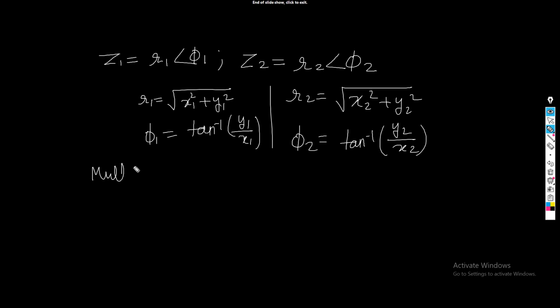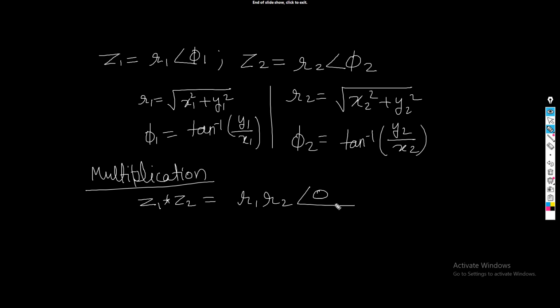Suppose we want to apply multiplication on these two complex numbers, z1 multiplied with z2, then we can write r1 r2, and in the multiplication the angles will be added together.